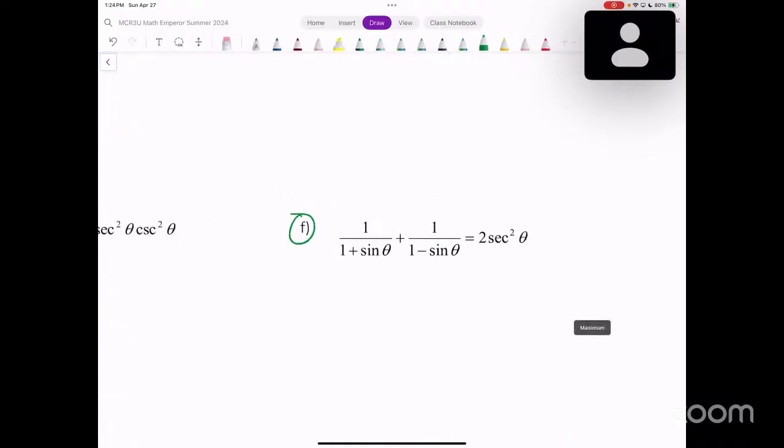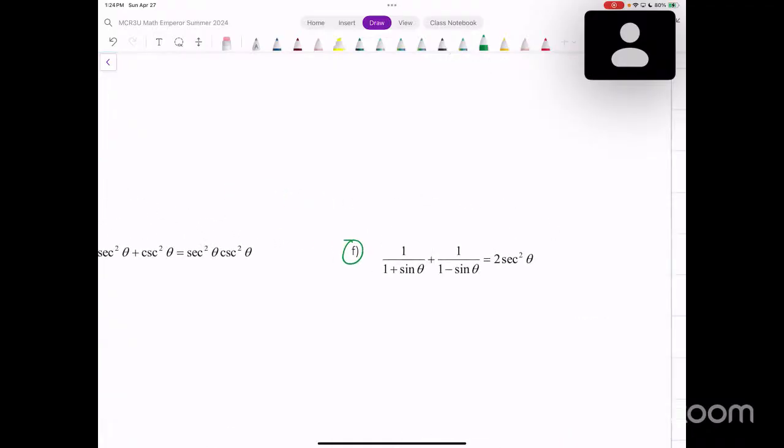So if you're going back to this guy, which side should I take to prove? Left side or the right side? Left side. So here's what I want you guys to do. Take the left side, find the least common multiple, simplify that expression, and you will get the right side.